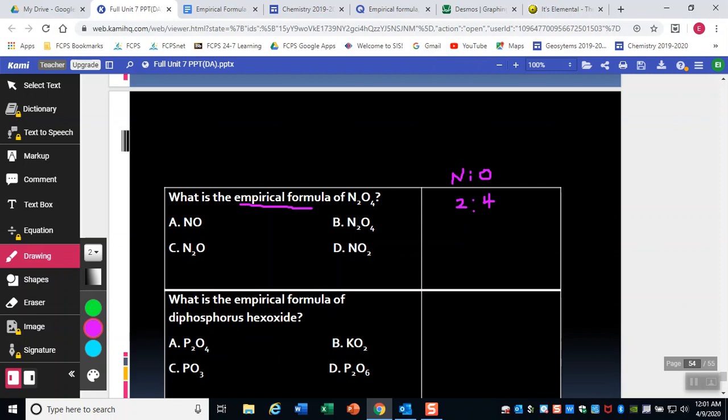Well, they're both even, so 2 divided by 2 is 1, and 4 divided by 2 is 2. So that reduces to 1 to 2. So that would be this one. And that's the lowest you can go, 1 to 2.